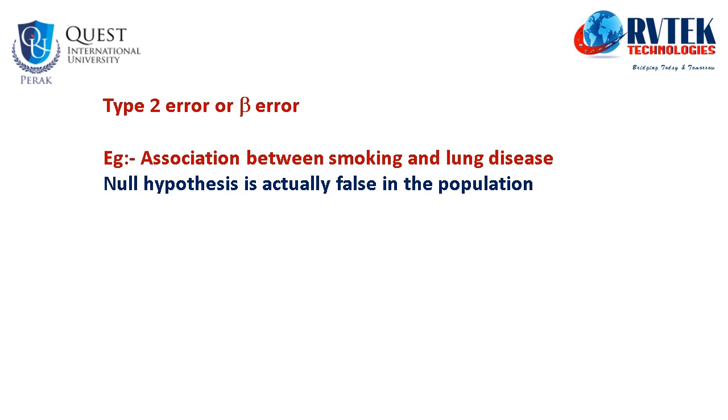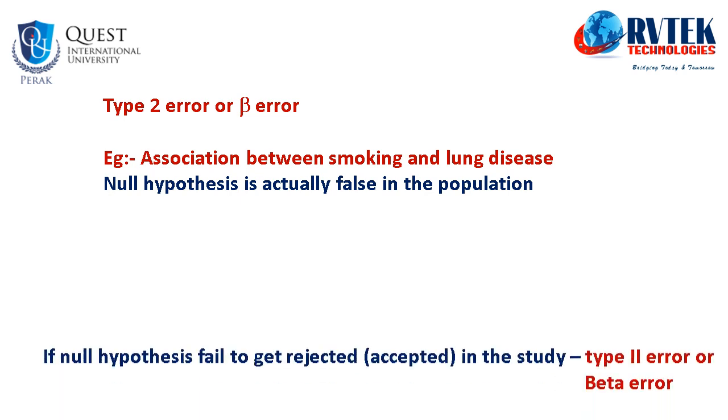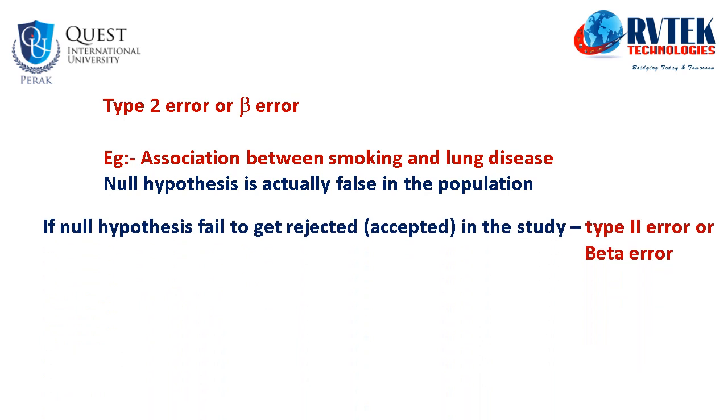But in your study, you are getting that the null hypothesis is true, telling that there is no association between smoking and lung disease. So if the null hypothesis fails to get rejected, or gets accepted in the study, it is known as type 2 error or beta error.